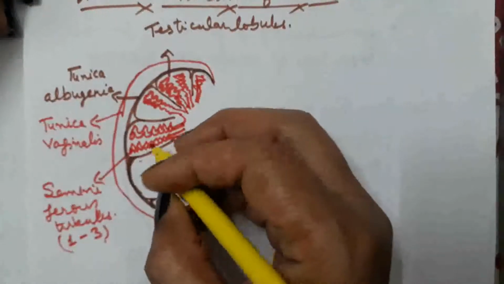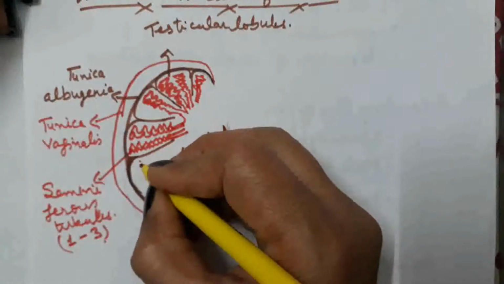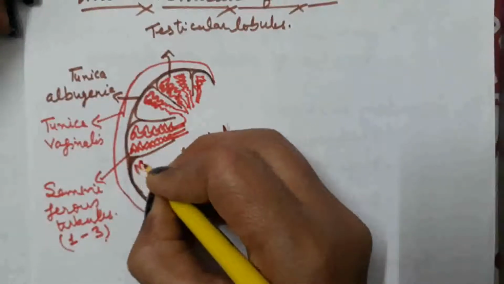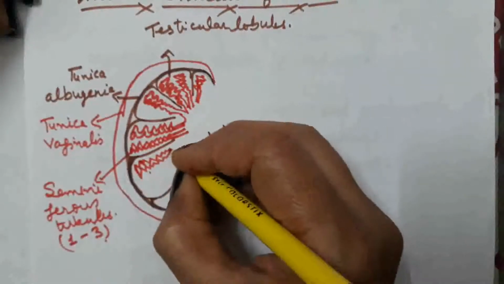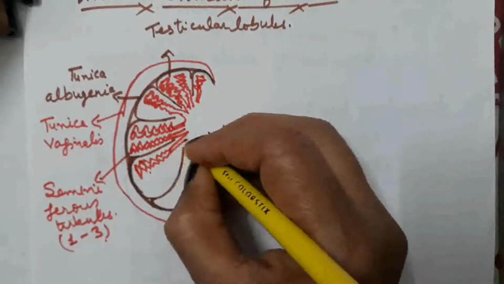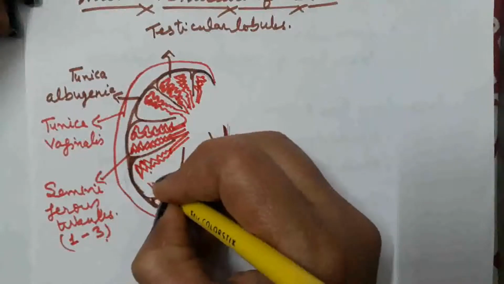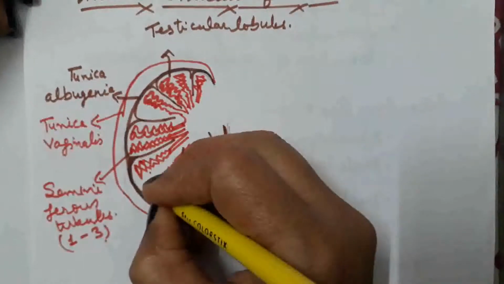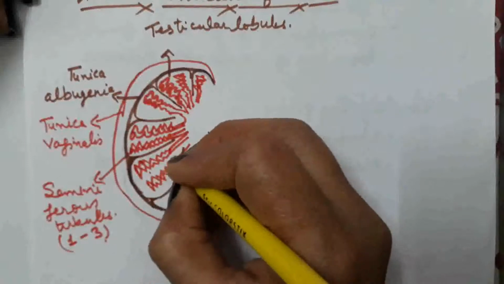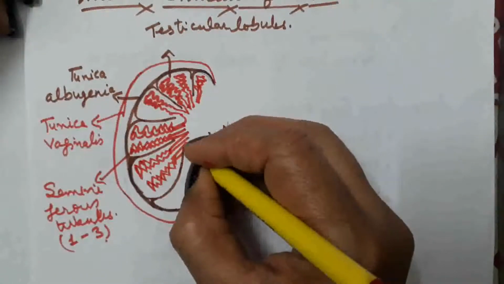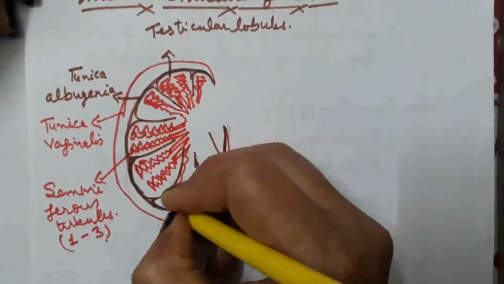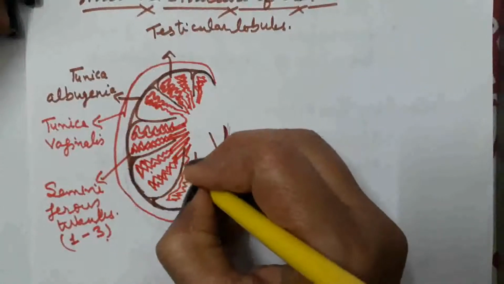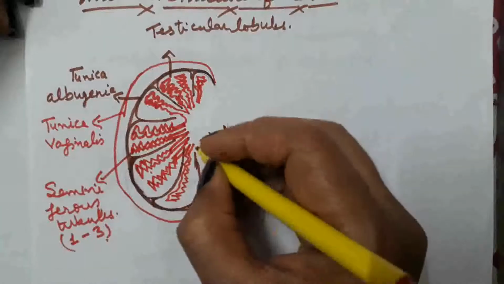So in every compartment or testicular lobule, these coiled structures are present, and at the end they become straight. These are known as seminiferous tubules.